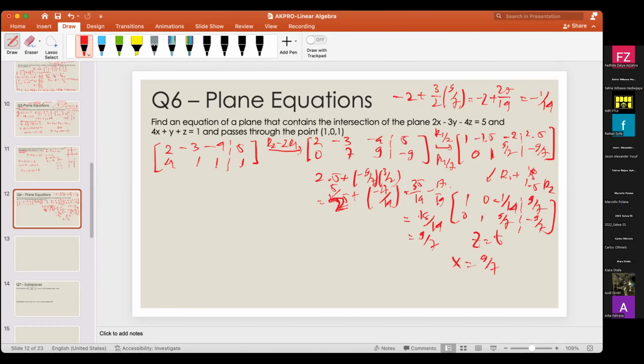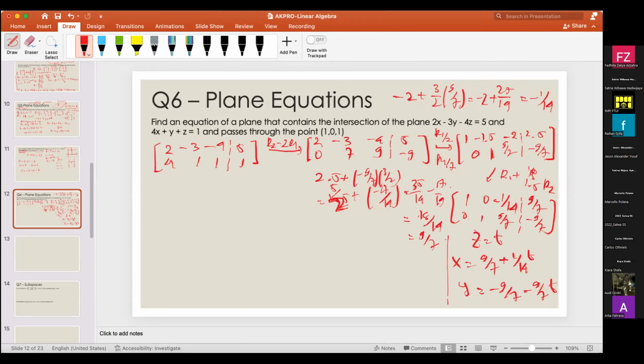This one, moved to the other side, becomes plus 1 over 14 T. And Y is equivalent to negative 9 over 7 minus 9 over 7 T. Okay, and so this is the line that we're looking for.